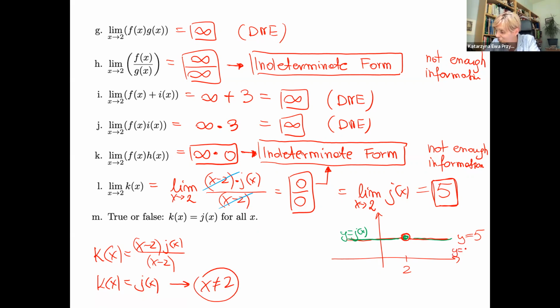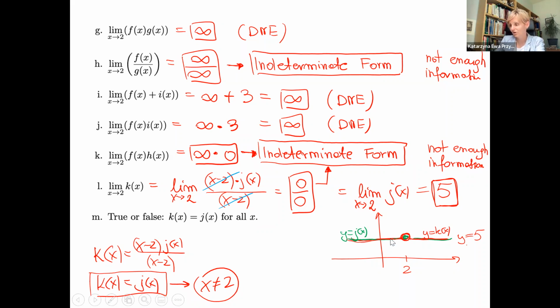y equals j of x equals 5. That means the red curve is j. J is a polynomial. This is true for all of the x's except 2.